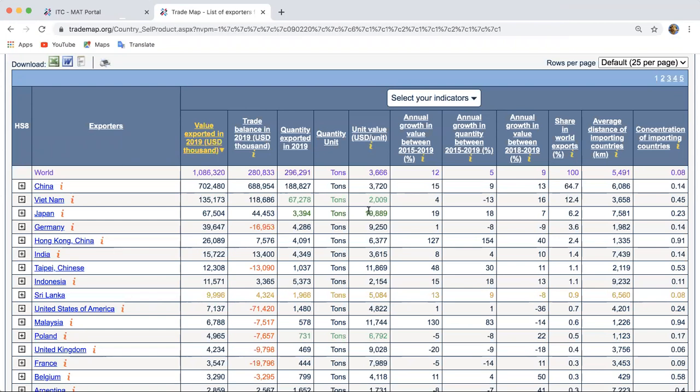When you look at Japan, this is much higher. So this is an interesting number, but at the same time, it's important to keep in mind that this is not a price, because as we talked about, these product codes are not on a very detailed level. So there might be very different types of product underneath this code.